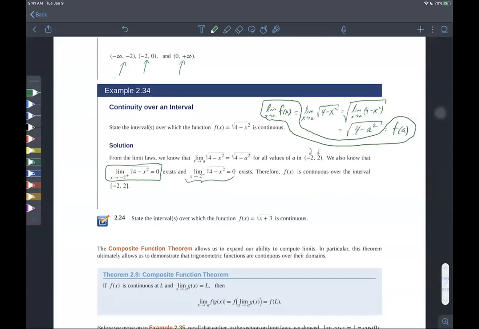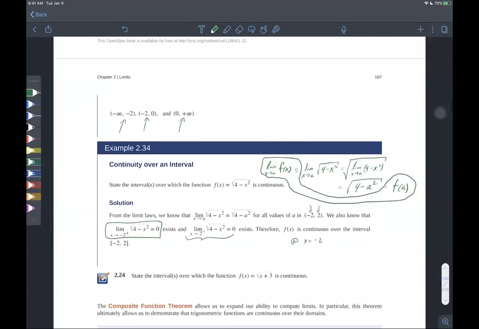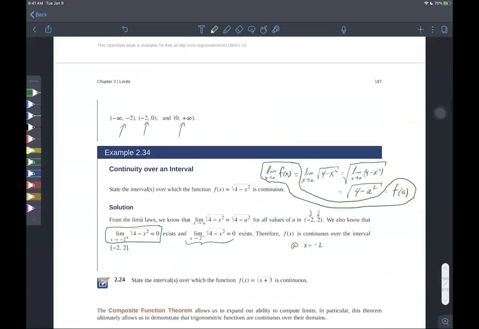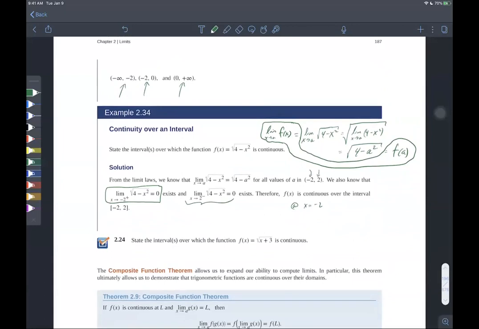But what about, let's say, at the leftmost value? What about at x equals -2? Since it is in the interval from -2 to +2, notice that we can only have continuity from the right, because it's at the leftmost value in an interval.